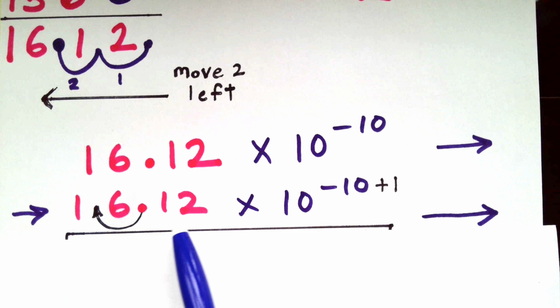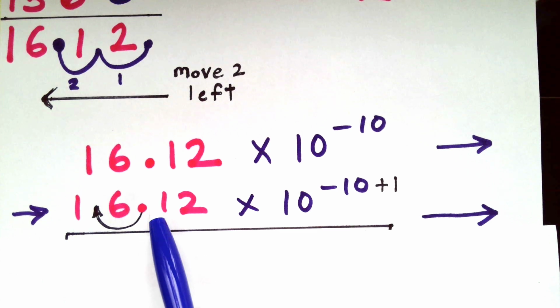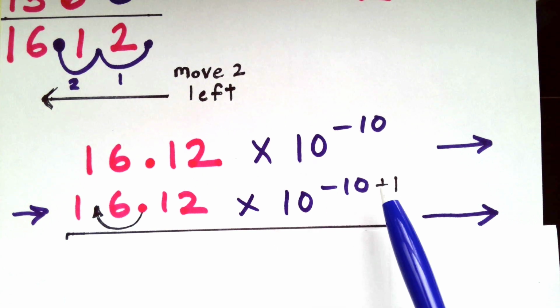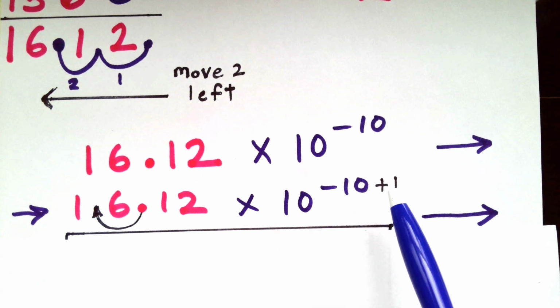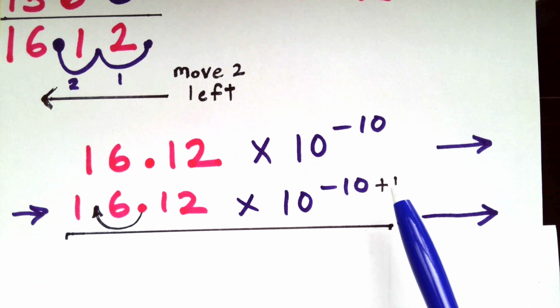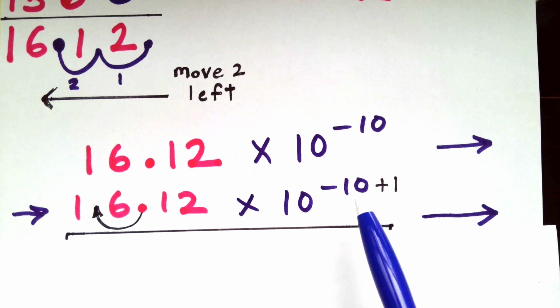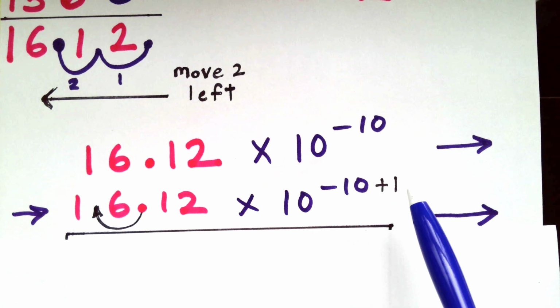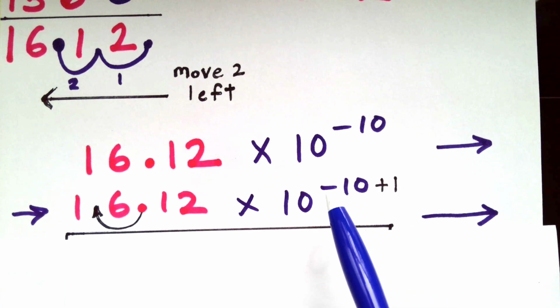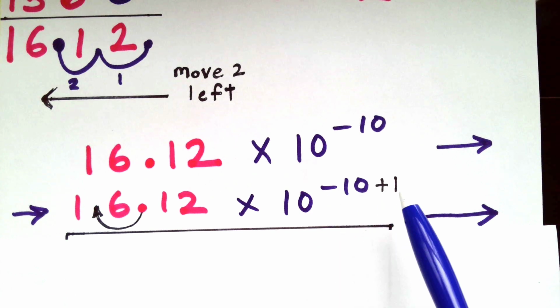But when you move that value to the left in scientific notation, you must add 1 exponential power to that negative 10. So what's a negative 10 plus 1? Well, look at it this way. You owe somebody $10. You give them $1 back.